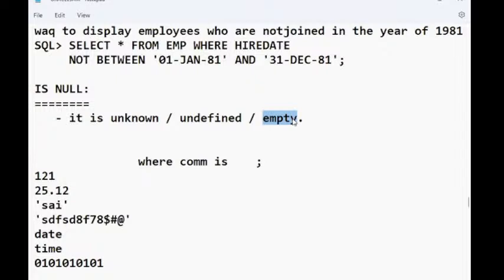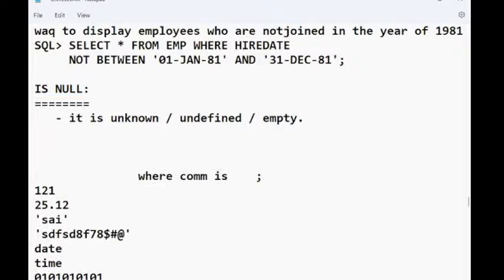How do I find them? By using the IS keyword. Don't use assignment, arithmetic, less than, greater than or relational operators. These are never allowed here, because null is called an empty space. Not a space, it's just empty. So that is the reason we use the IS keyword. And one more thing: null is not equal to 0.